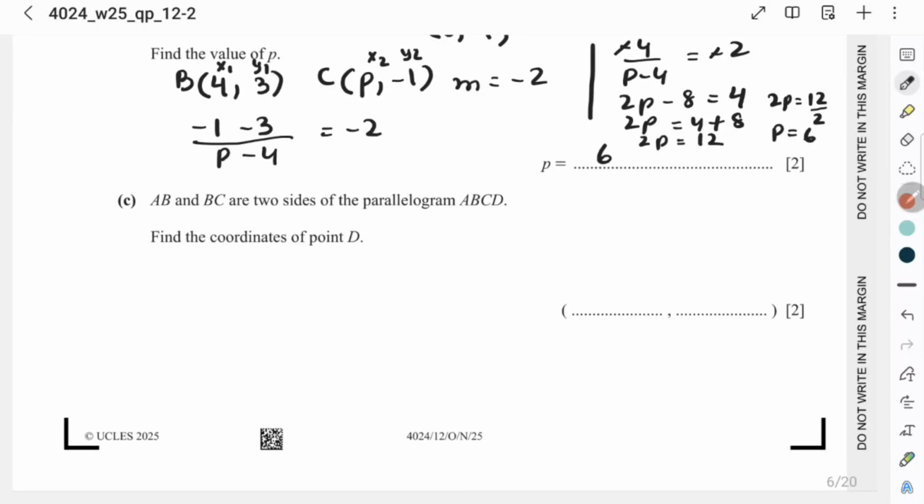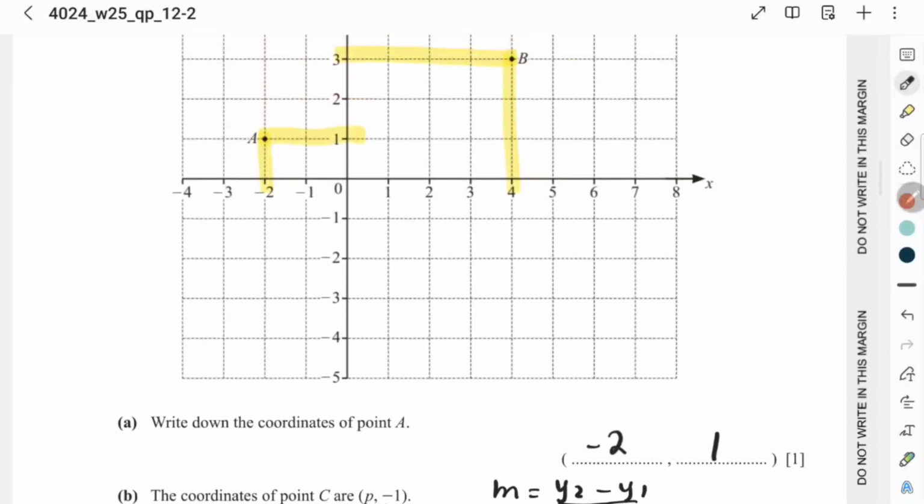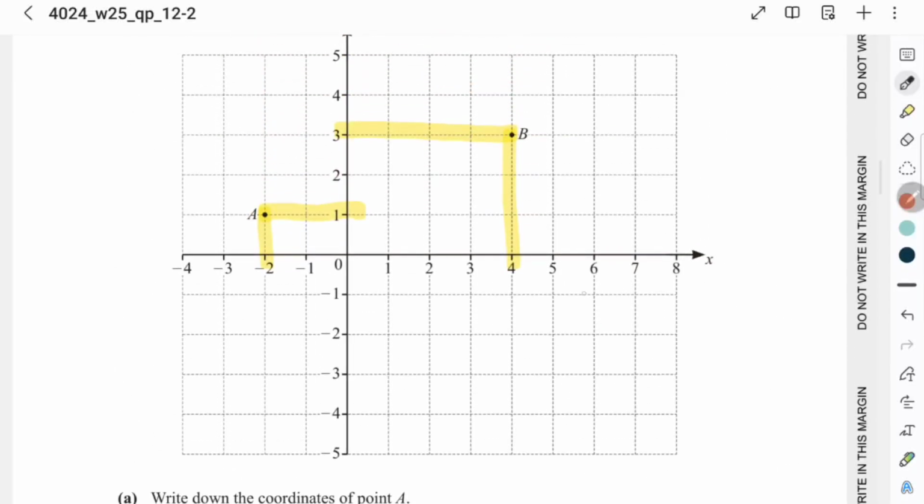We have the grid already there. Why not we draw there and find out the answer? So by drawing, we can have the C coordinate as (5, −1). Now we are just drawing it.